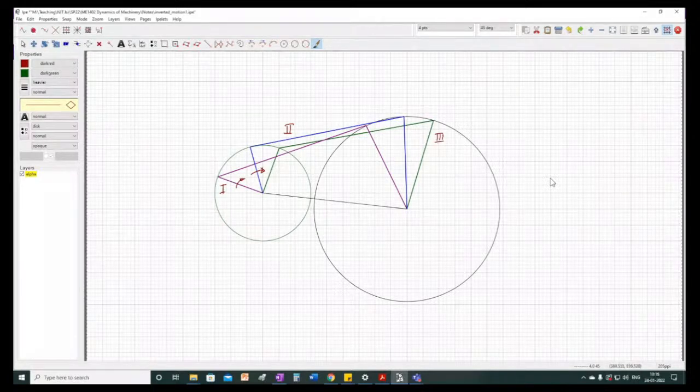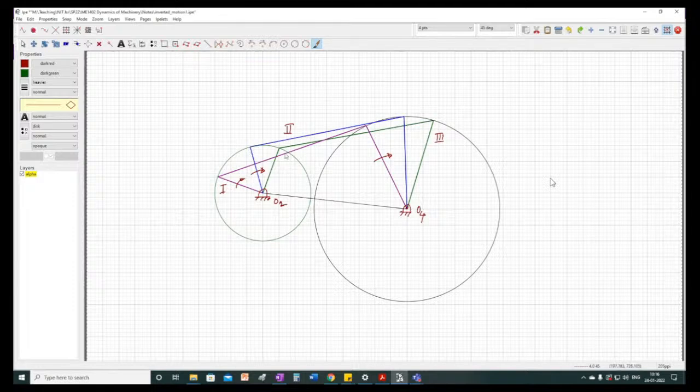Link 2 is rotating with respect to this point O2, and link 4 is hinged at this point O4. From the first position to the second position, link 4 is also rotated to this blue one, and then from second to third to this green one.